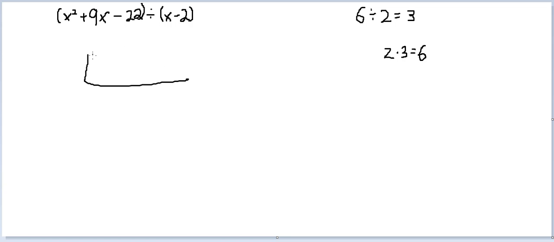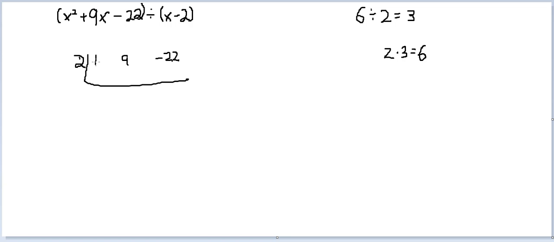So x squared has a coefficient of 1, 9x has a coefficient of 9, and then the negative 22 over here. And then what you're going to put on the outside is the actual number from what you're dividing by. So this is negative 2, and you need to divide by the opposite, and that's what everybody always forgets to do. People want to just take that number right there. Nope, you've got to take the opposite of it. So since there's a negative 2 here, we are going to use a positive 2.